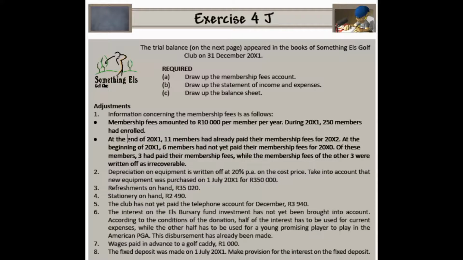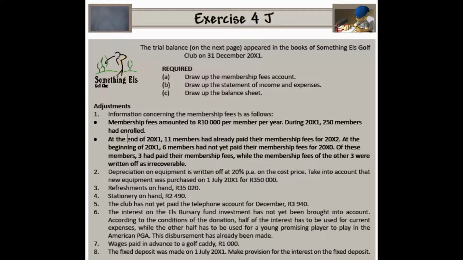If you have a look at the pre-adjustment trial balance, at the last one, number M12, an account has been opened for the PGA tournament. In fact, this amount has already been paid. When we paid that amount, we credited the bank and debited the PGA tournament.